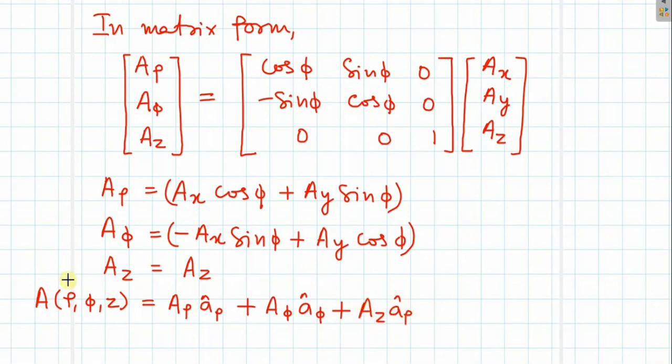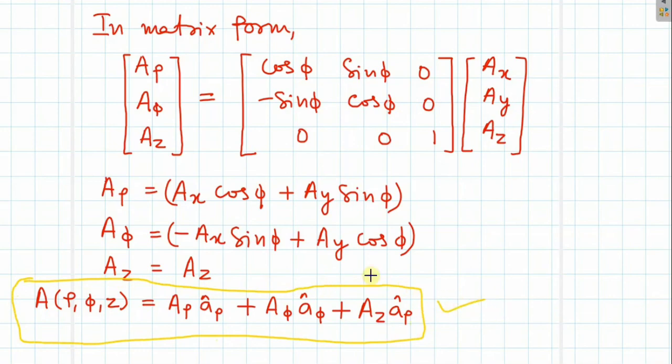So in this way we can have the transformation from the Cartesian coordinate system to the cylindrical coordinate system, and it will be clearer when we solve examples or numericals on this transformation.